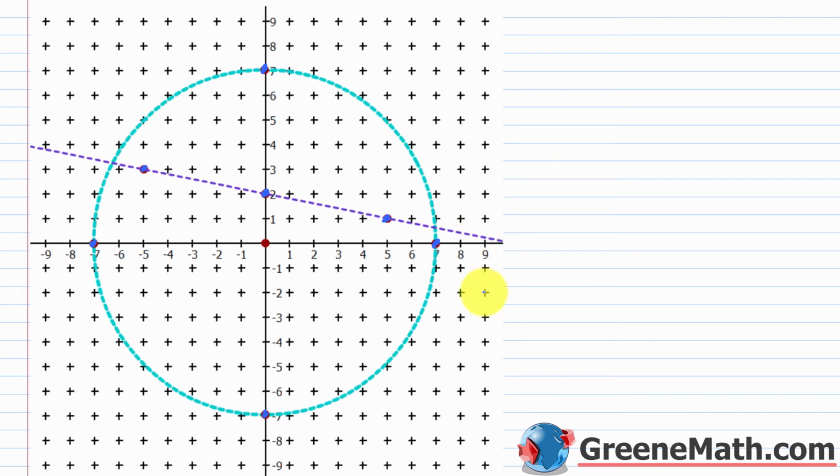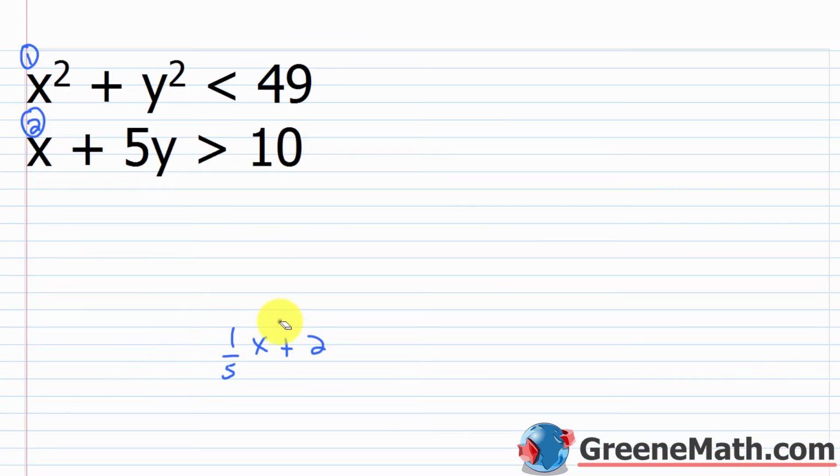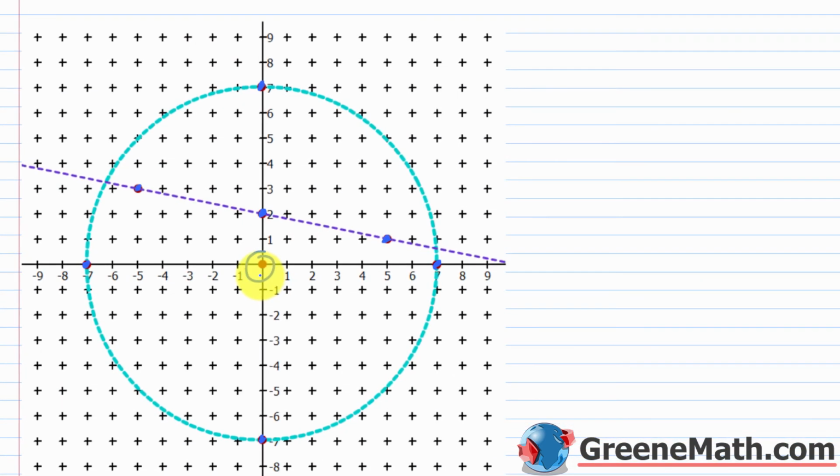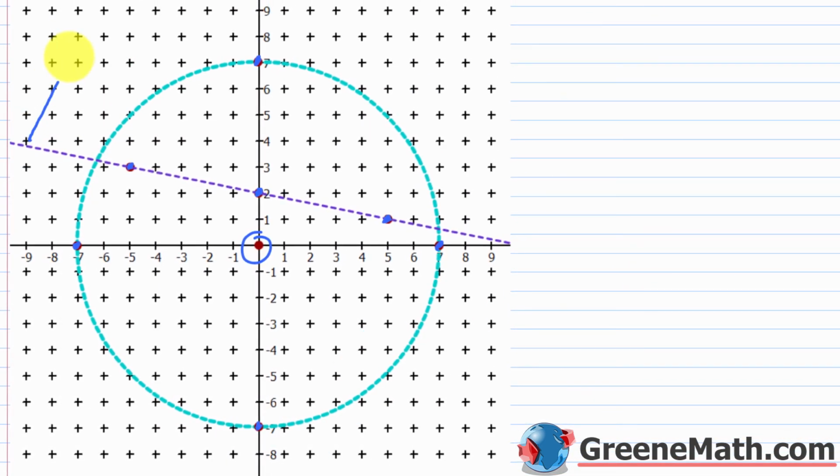Now, where is our solution region for inequality number 2? Take (0, 0). You can use that as a test point. If I plugged in a 0 for x and a 0 for y, essentially I would have 0 is greater than 10, which is false. So (0, 0) is not in the solution region, so I would want to shade everything above the line. So let's think about this.